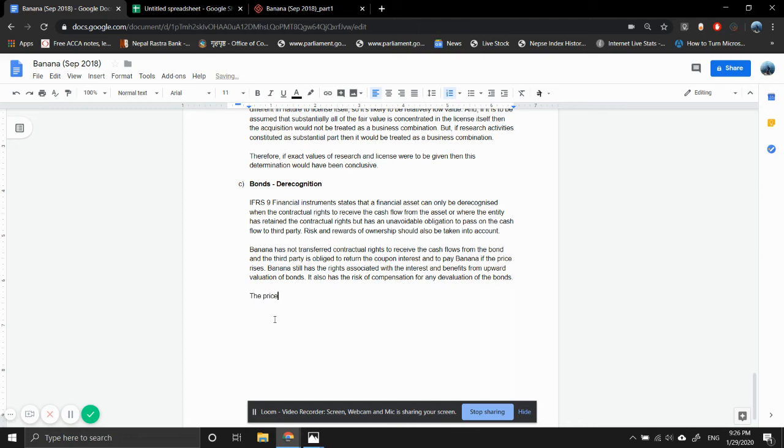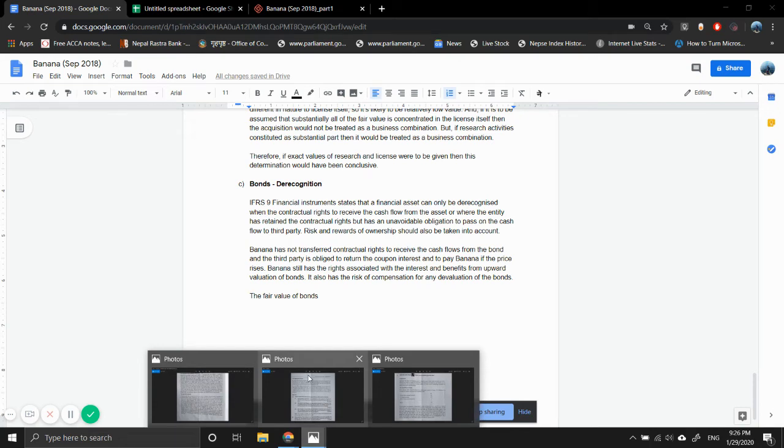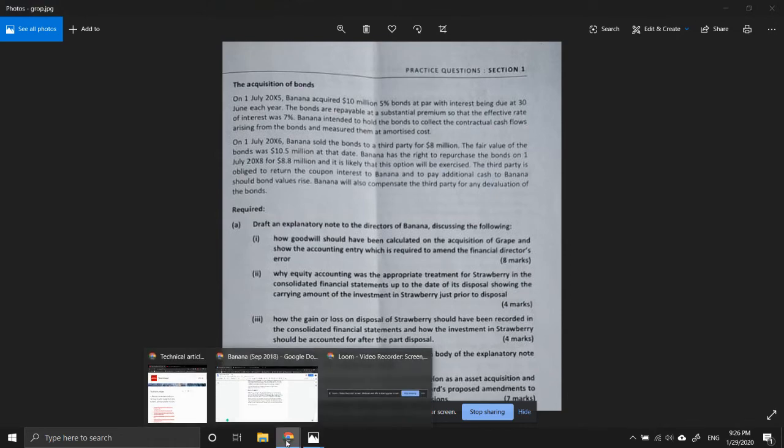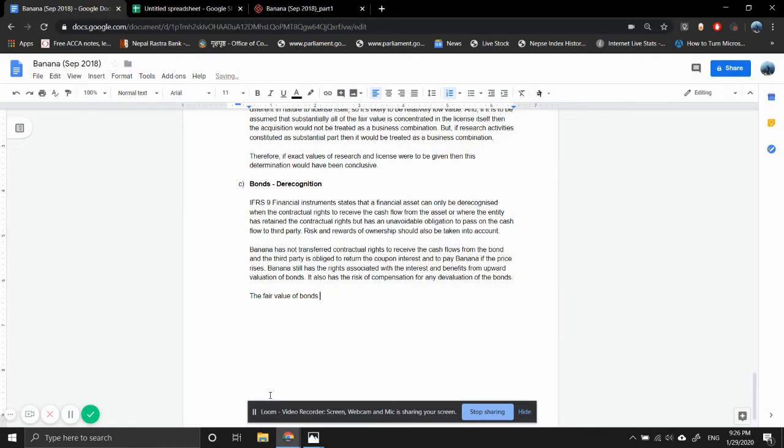Or what I can say is that the fair value of the bonds on 1st July 20x6 is much higher than the sales price.